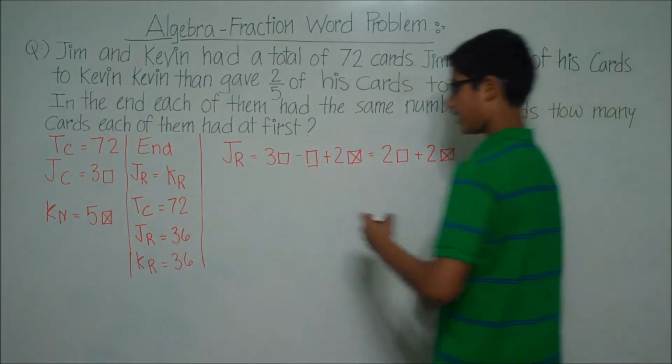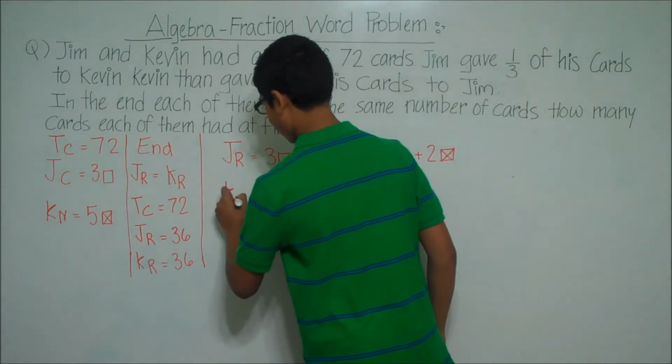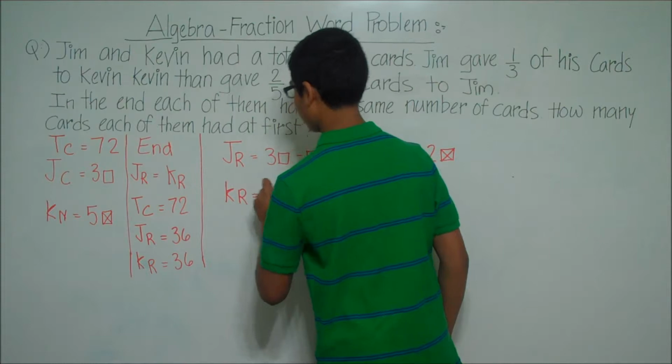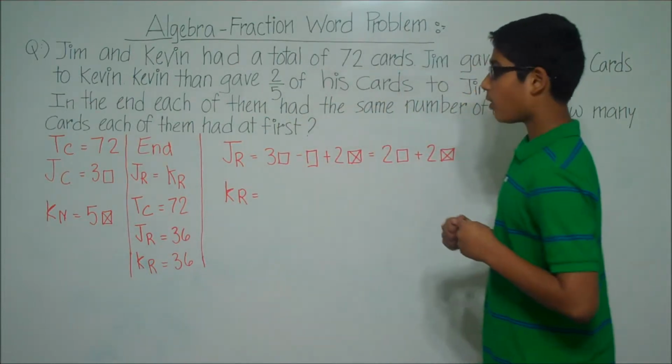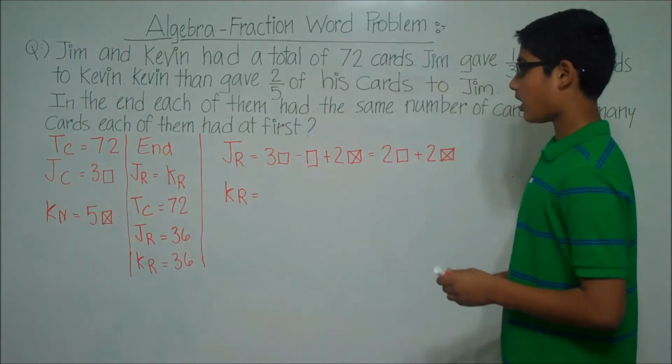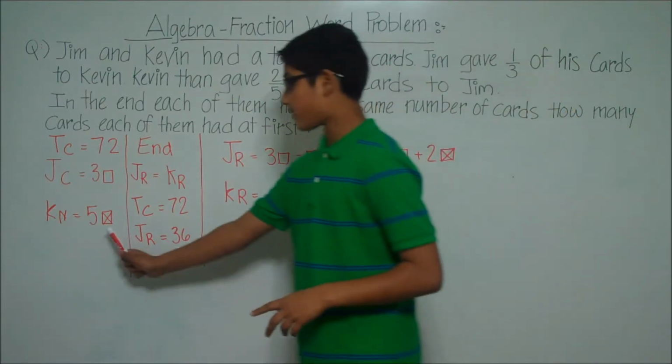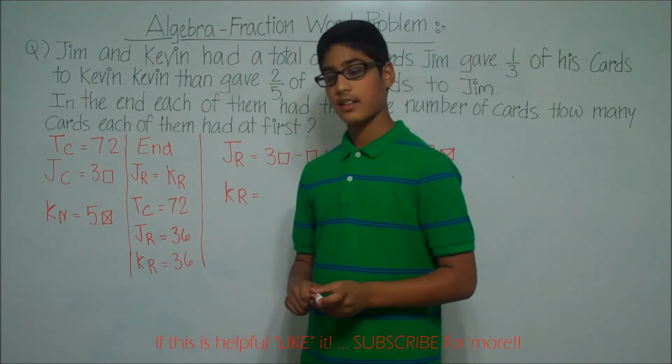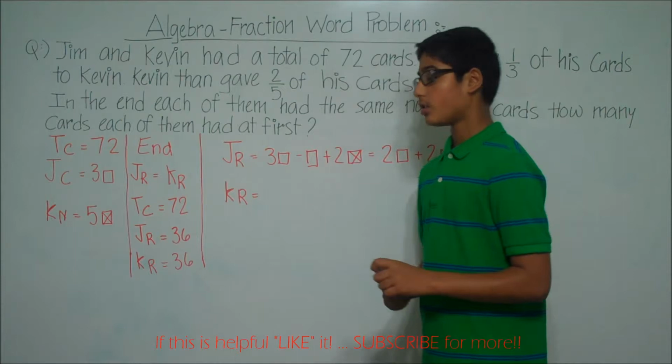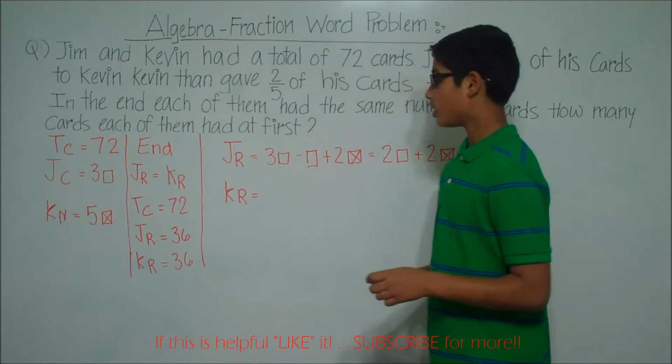Now Kevin remaining, K for Kevin, R for remaining, is equal to. So after Kevin got 1/3 of Jim's cards, he has 5 boxes. And then he gave 2 boxes of cards to Jim.